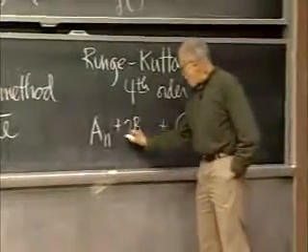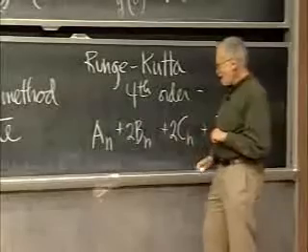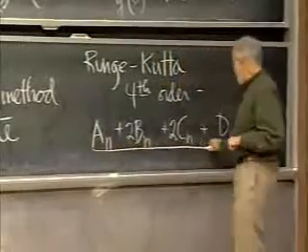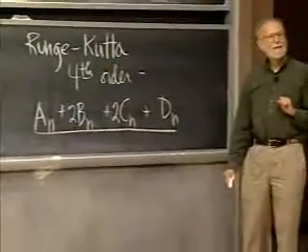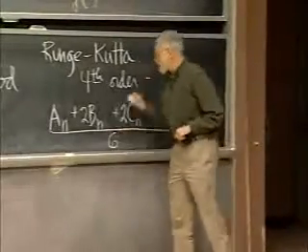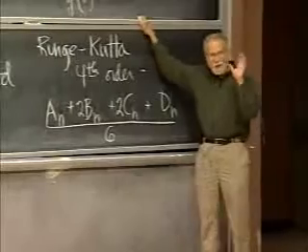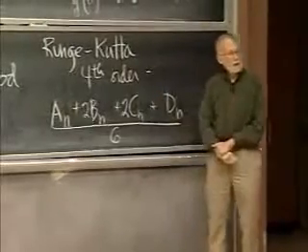And you make up a weighted average for the super slope. What should I divide that by to get the right 6? Why 6? Well, because if all these numbers were the same, I'd want it to come out to be whatever that common value was.